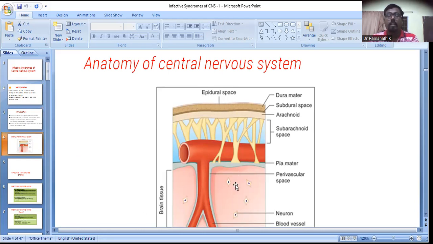You can see here the brain tissues, and in the brain tissue we have got neurons as well as blood vessel, and this particular area where the blood vessel is passing, that is called as perivascular space. So this is a brief introduction to the anatomy of the central nervous system.